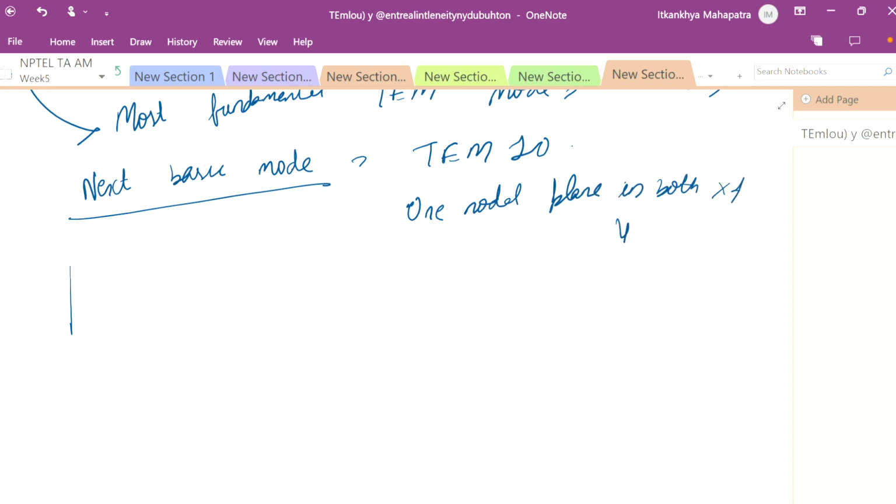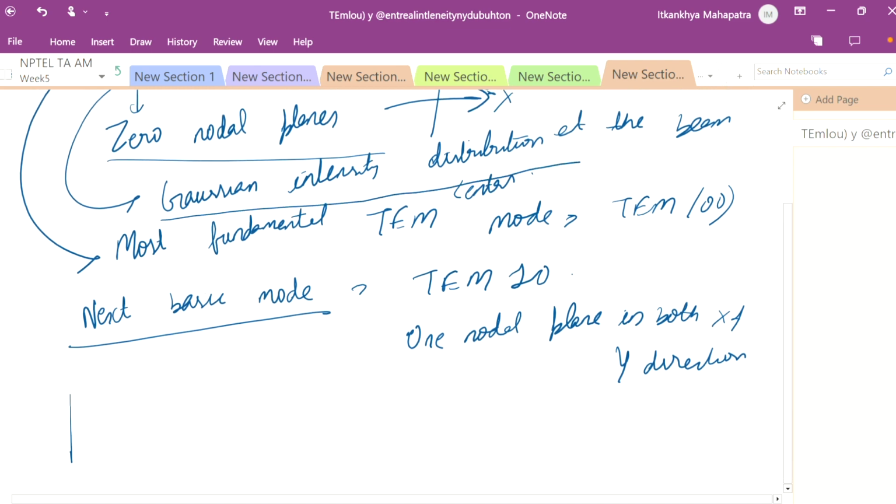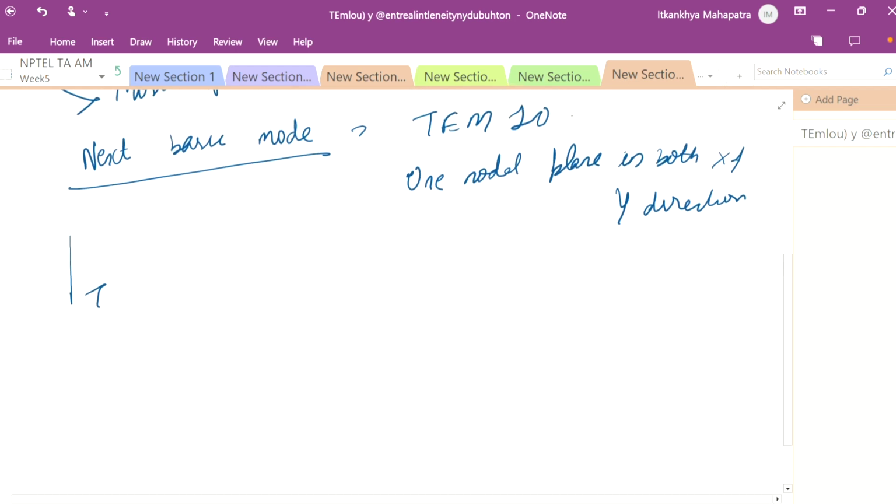TEM10, I don't remember which. This is the Gaussian intensity distribution, and TEM11 we know it is a donut-like intensity distribution, the dark center and bright ring around it. But here I think this is a ring-like distribution, TEM10.